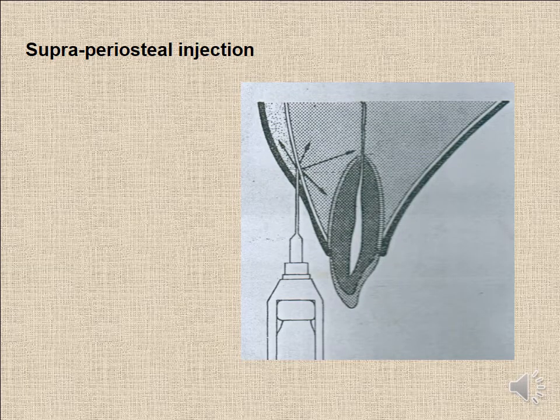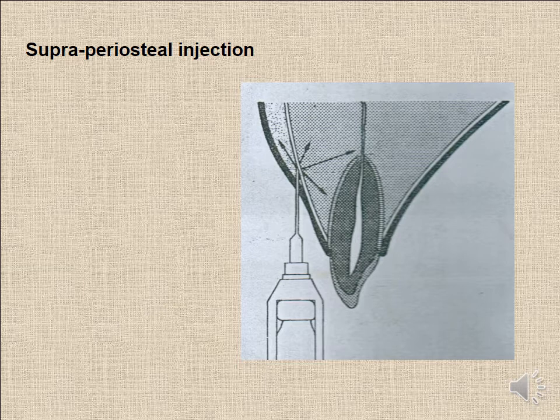Another type of infiltration is supraperiosteal. It is a common procedure used for all infiltration techniques: you insert the needle until it reaches the periosteum. The local anesthetic solution is given above the periosteum, so-called supra, meaning above the periosteum of the bone.